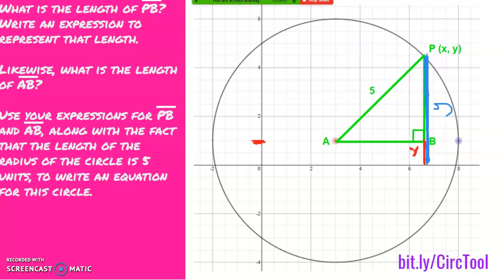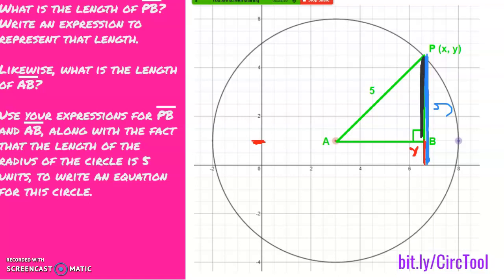So if we want to talk about just the length of line segment PB, just this part right here, well, we're taking the whole blue line, y, and we're going to subtract out that little red piece, which is 1.